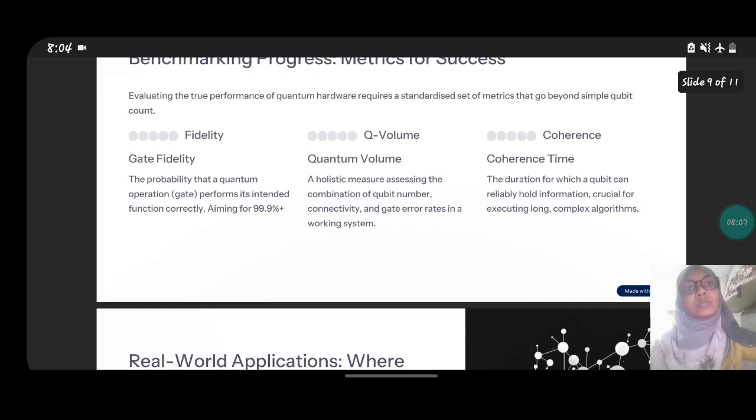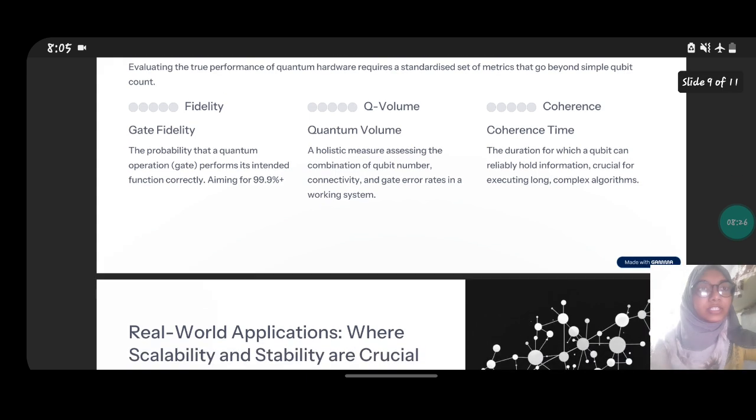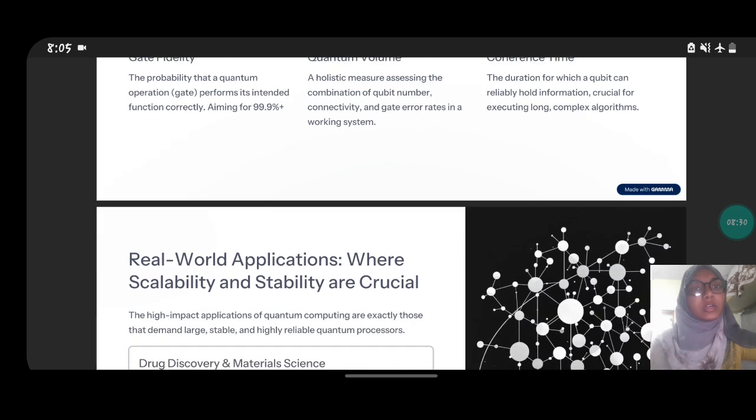Quantum volume is a holistic measure assessing the combination of qubit connectivity and gate error rates in a working system. Coherence time is the duration for which a qubit can reliably hold information, crucial for executing long complex algorithms.